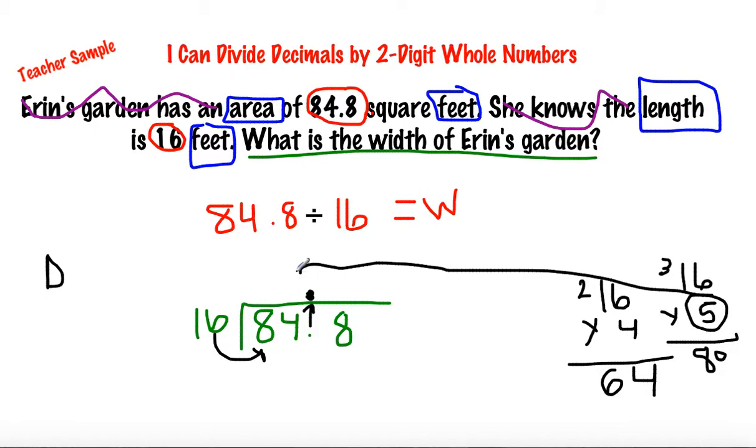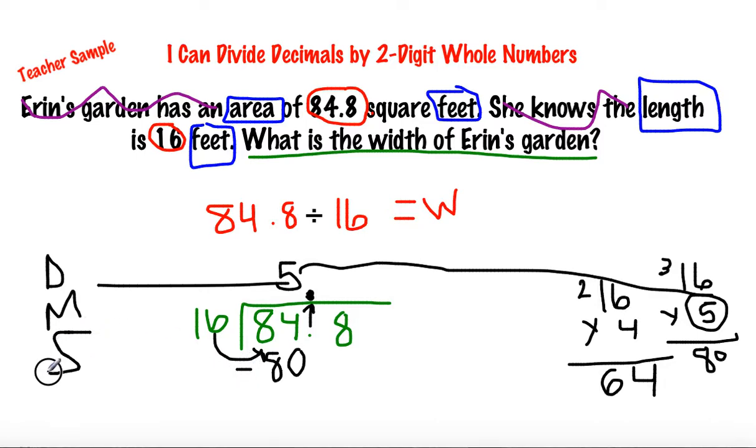It goes above my 4 because 16 can go into 84 5 times without going over. The next thing we do is multiply 16 times 5. Well, we already did that. 16 times 5 is 80. 80 goes underneath my 84. I keep my place values lined up. And I subtract. That's my next step. I subtract.